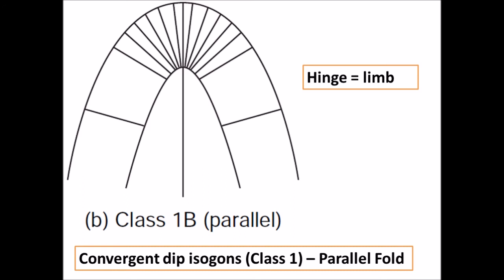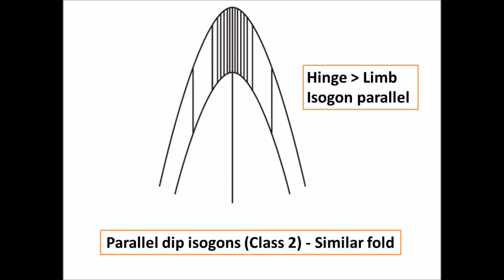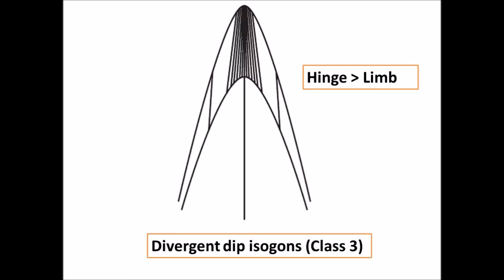The next is a class 1C fold, where the thickness of the hinge would be greater than the thickness of the limb. Next we will see class 2 folds, where the dip isogons are parallel. Here the hinges are thick and the limbs are thinner. So these form similar folds. And class 3 is where the dip isogons diverge at the inner point, where the thickness of the hinge would be greater than the thickness of the limb. So these are the class 3 folds.